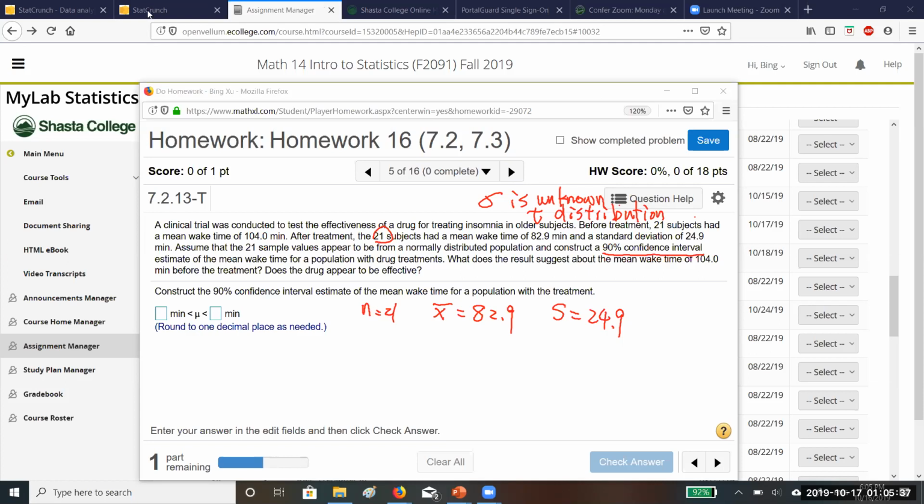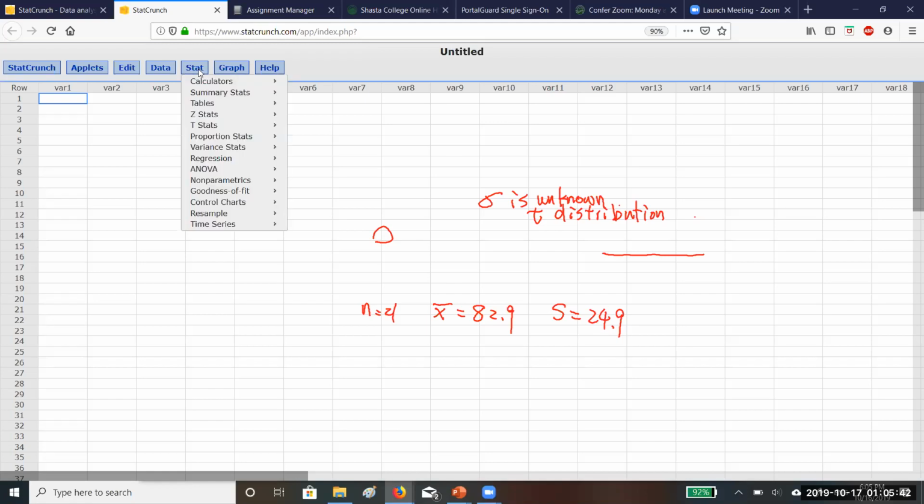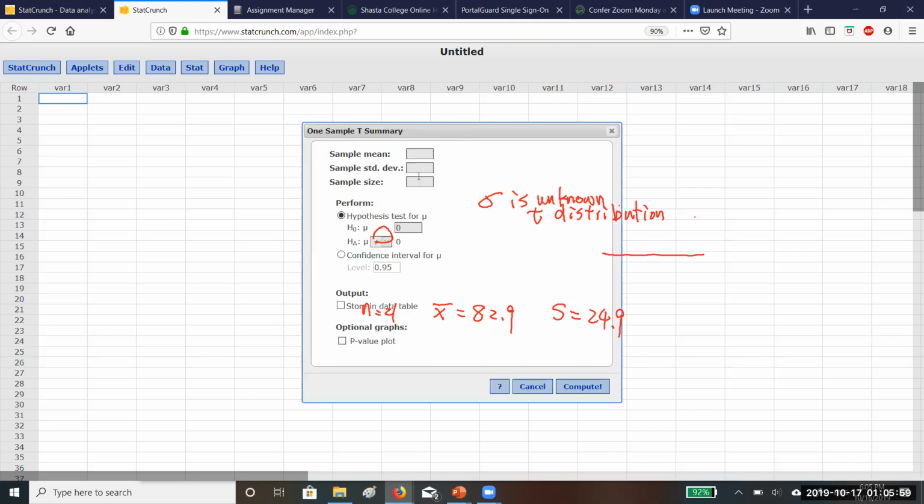You go to StatCrunch and Stat, then T Stats, because you're trying to look for the population mean and sigma is unknown. That's T Stats. One sample, in our case, is with summary because we know all the values.